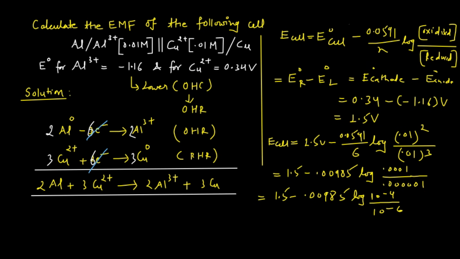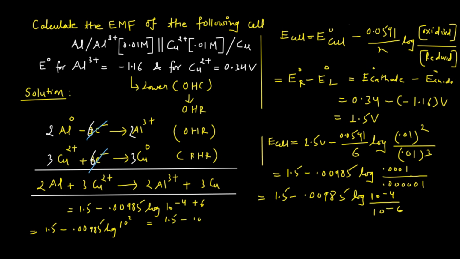This equation can be further written as 1.5 minus 0.00985 log of 10 to the power minus 4 plus 6, 1.5 minus 0.00985 log of 10 to the power 2, and this can be further written as 1.5 minus 0.00985 log of 100, and this can be written as 1.5 minus 0.00985 into 2, because log 100 equals 2.